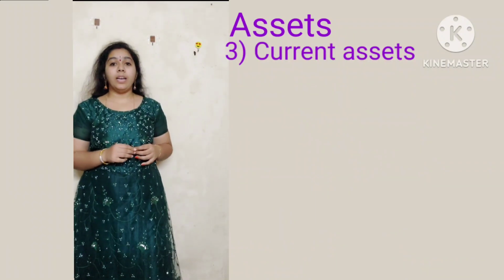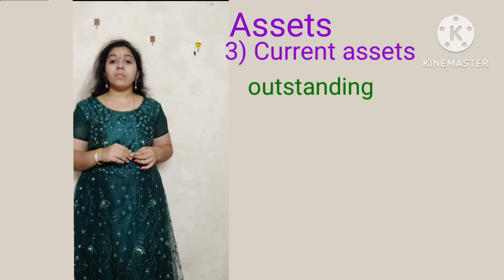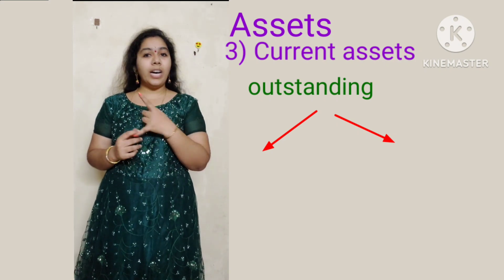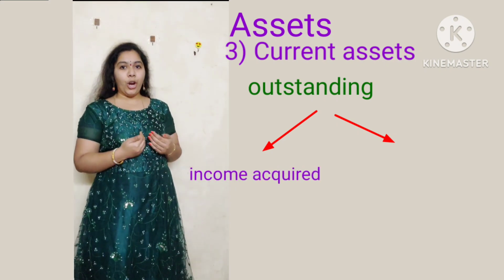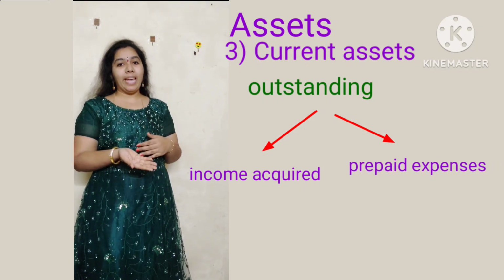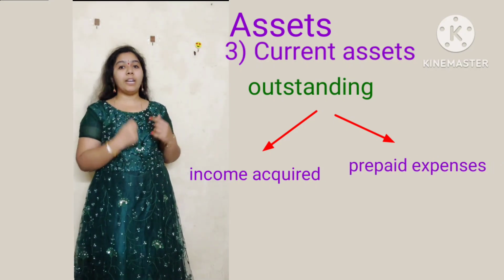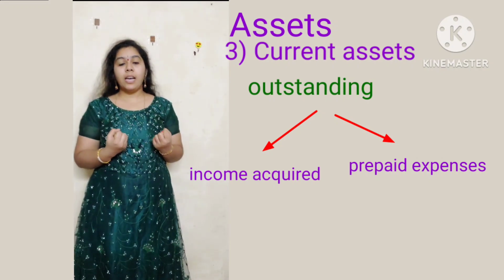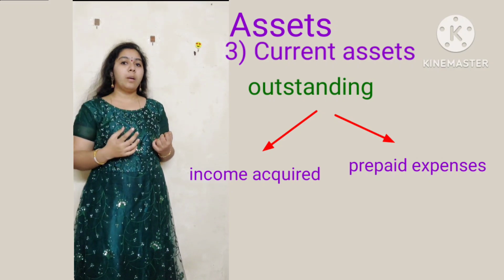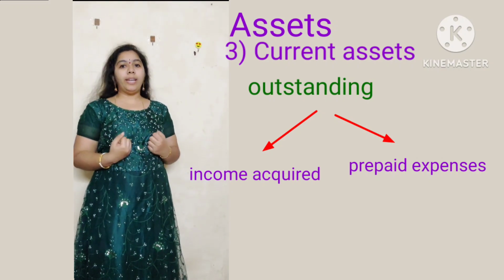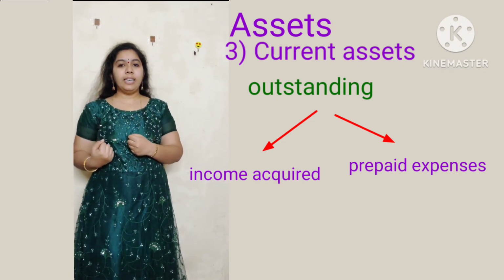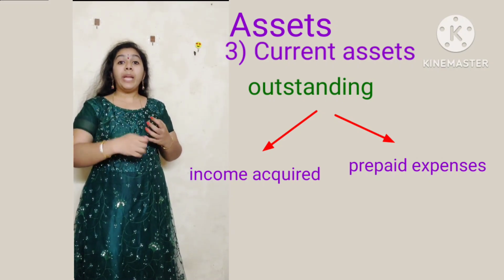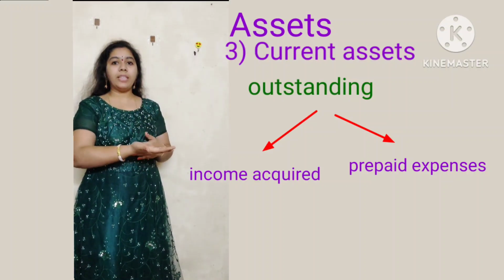Right? Next one, outstanding. Outstanding is again subdivided into two categories. The first one is income accrued and the second is prepaid expenses. Both are assets for us. Income accrued means income that we have to get. That is an asset. And prepaid expenses, where we have paid the expense in advance.